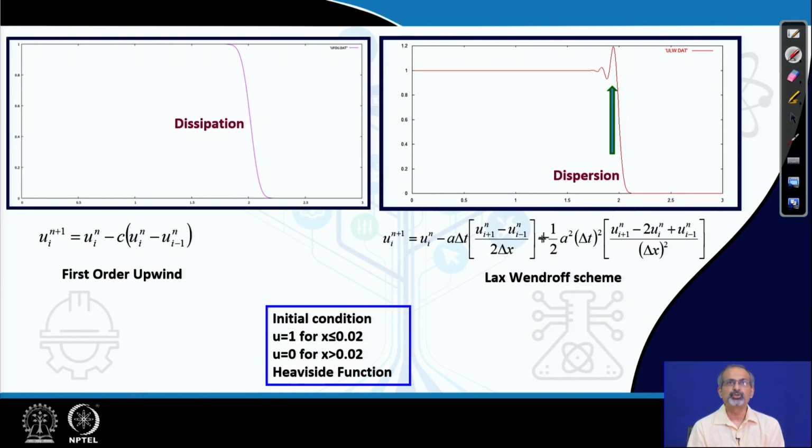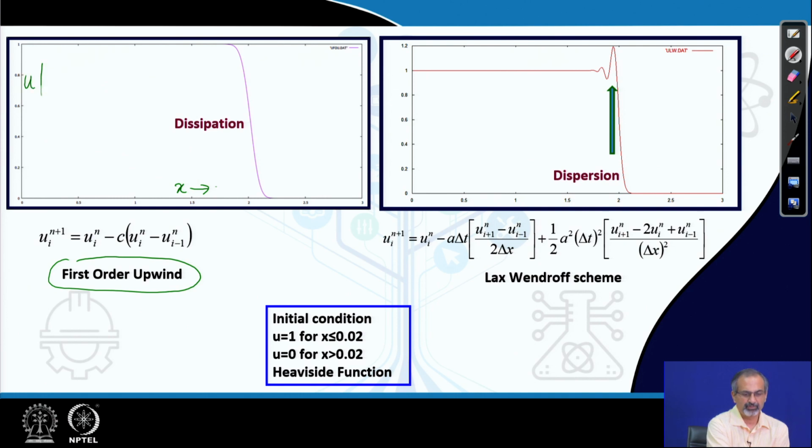We are showing some numerical solution results here for you, using some of the schemes that we learnt about. The first order upwind scheme you have already learnt about. So, here there is some initial condition which has been used in the domain. This is the x direction.